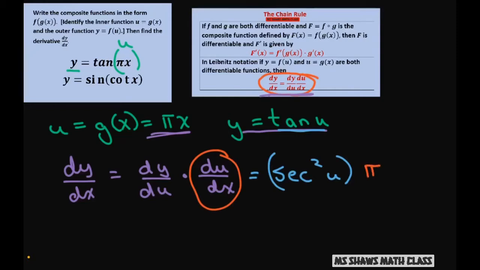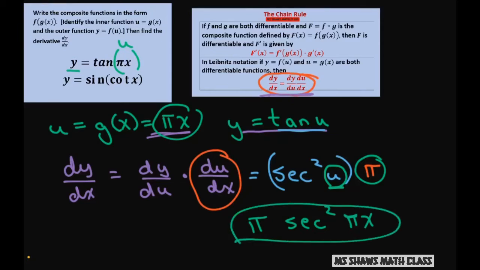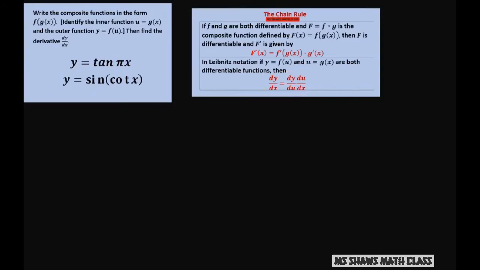Now we have to plug in our u. So when you rewrite it, you're going to write pi times secant squared, and our u is pi times x. And that's your derivative.